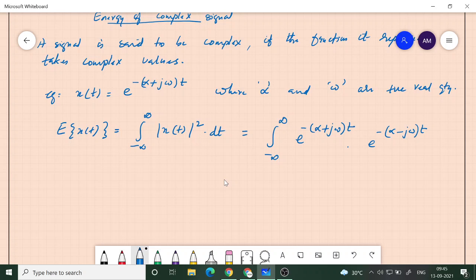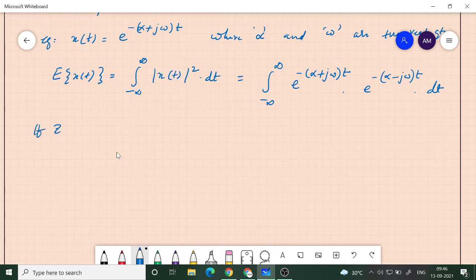This is basically the formula for taking the magnitude and then taking the square root of it. But we have a square here, so the square root will cancel with the square and we have this. I hope you are aware of this.